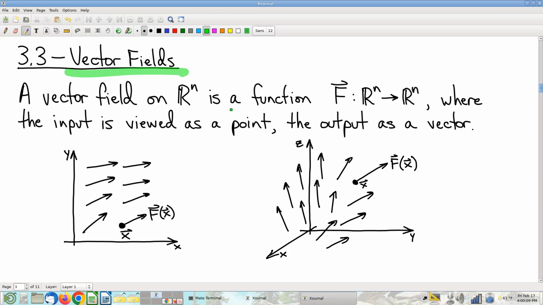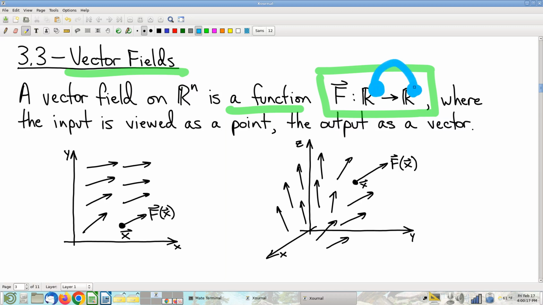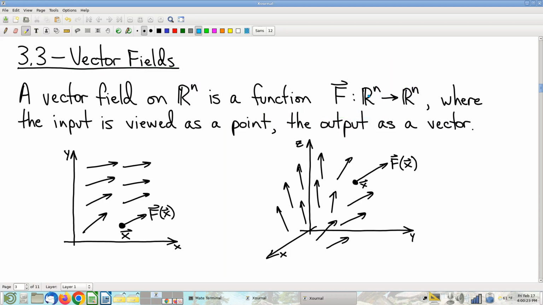A vector field is a function. It's a function from Rn to Rn. Notice this n and that n have to be the same. Now the specifics of how we view this.